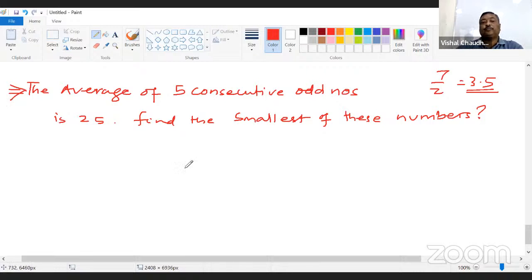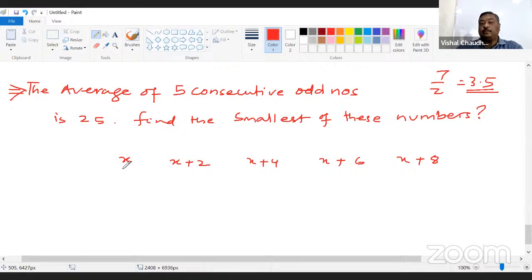Now see, the average of 5 consecutive odd numbers. Let's say I am taking x as my first odd number. So x plus 2 will be the next odd number, x plus 4 the next, x plus 6 the next, and x plus 8 the next.